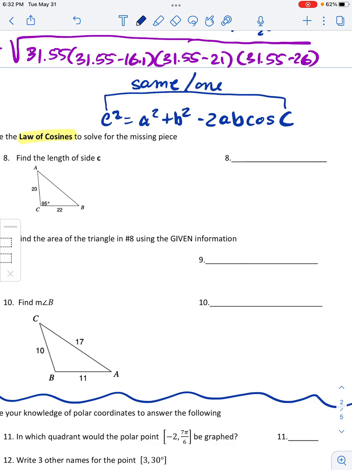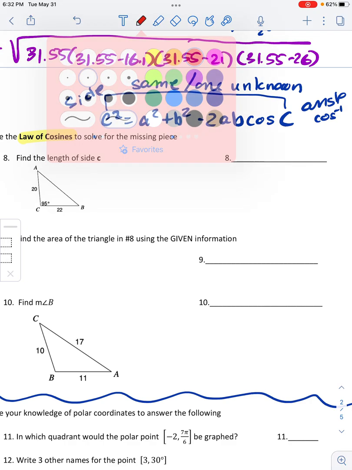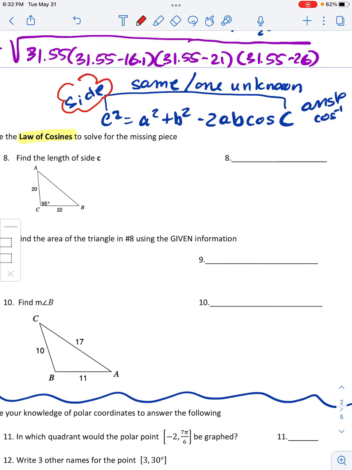And one of those is what you're looking for. One of them is your unknown. So if you're looking for a side, this will be unknown. If you're looking for an angle, this will be unknown. And you'll ultimately need to use cosine inverse, because that's what happens when you're looking for an angle. So these are the things to kind of think about. Then these bad boys in here, these are just going to be the two other sides.